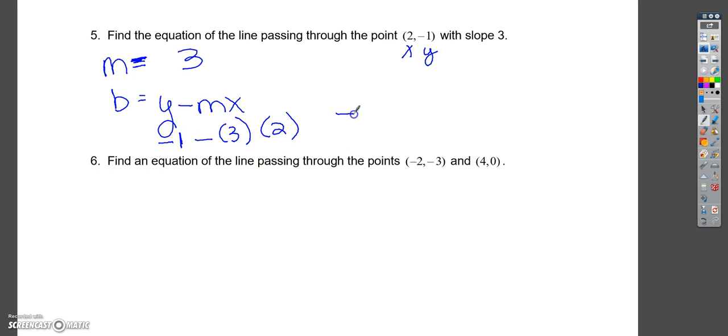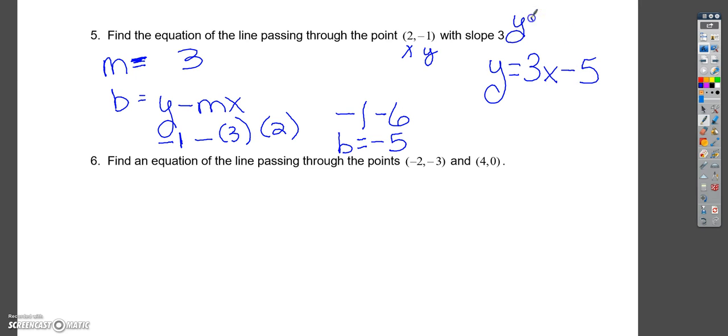So -1 minus 6 is -5. So b equals -5. So y equals 3x minus 5. We have to put it into y equals mx plus b. M was 3 and b was -5.